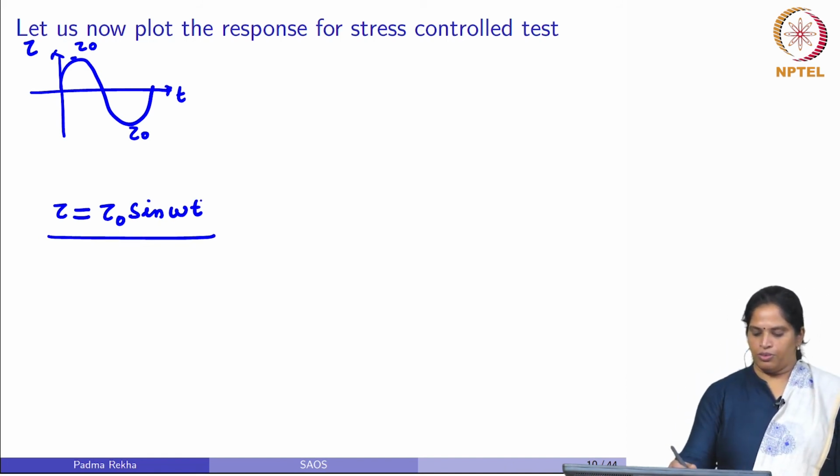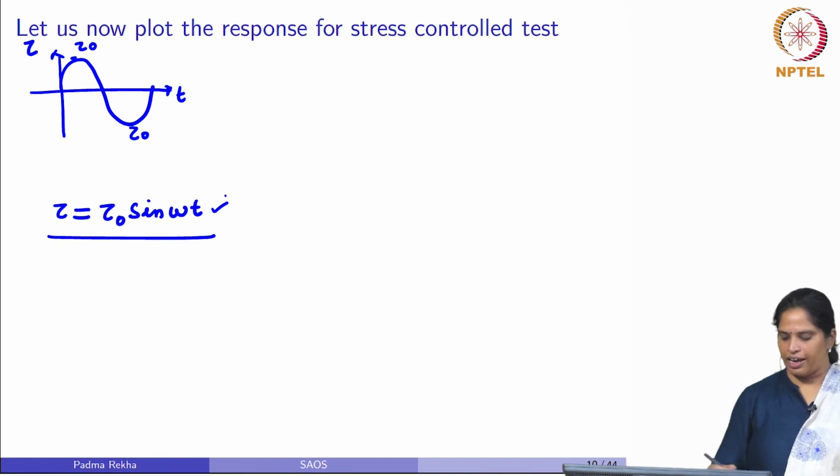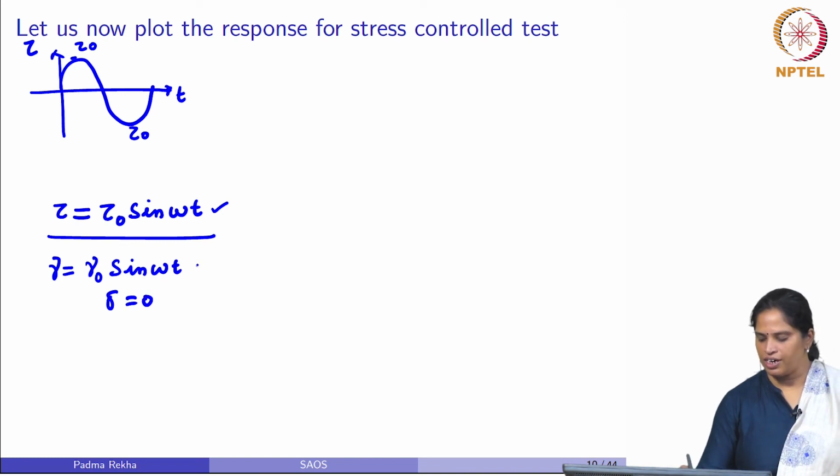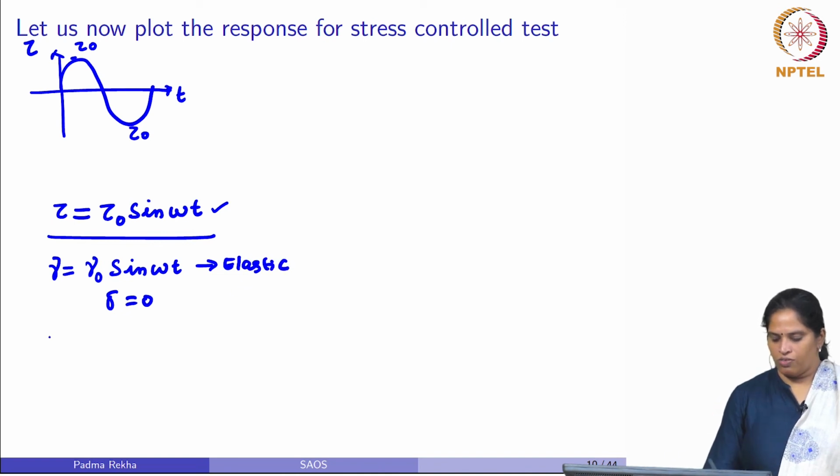Now, if we have tau to be this, if the material is elastic, the strain response is going to remain the same sine waveform, gamma naught sin omega t, where delta is 0. This is in case the material exhibits elastic behavior. For a material that exhibits a viscous behavior, as we know, tau is proportional to gamma dot.